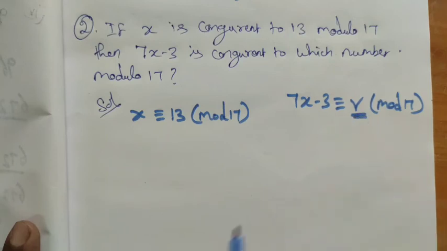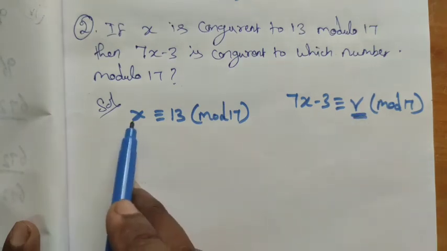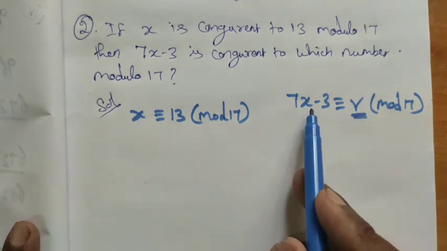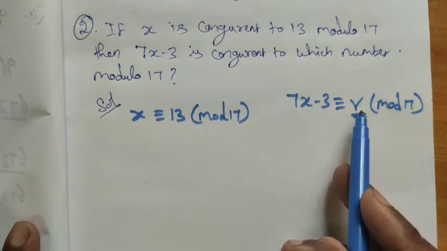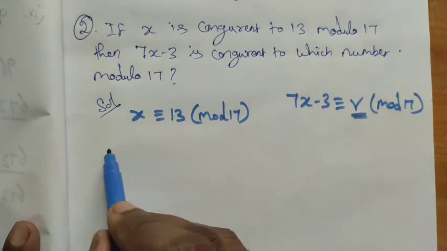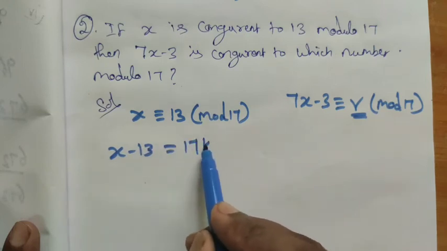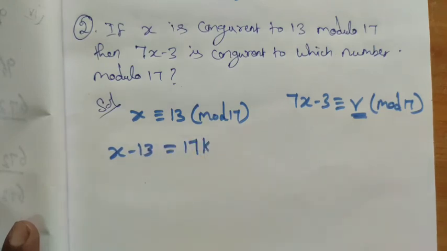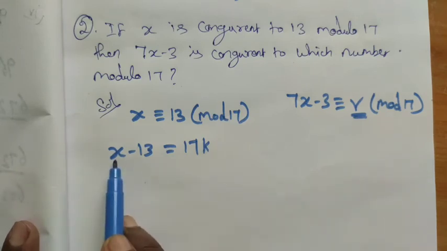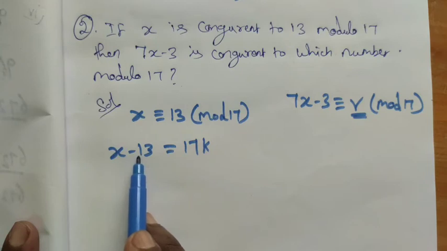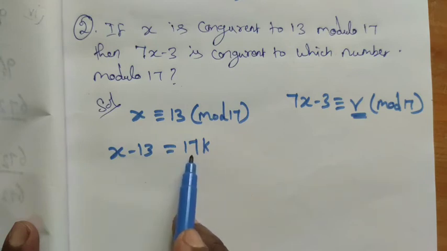Here we want to find the remainder. First we want to find the x value, then apply that x value here, and then find the remainder, right? x minus 13 is equal to 17k or 17n, whatever integer it may be. So put x equal to a value such that subtracting 13, the number is divisible by 17.